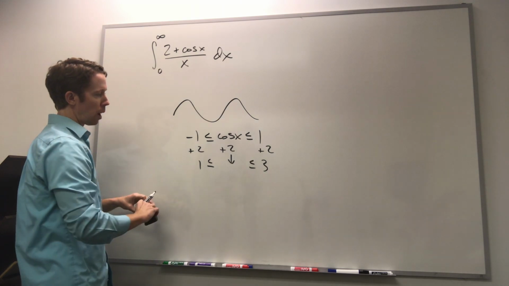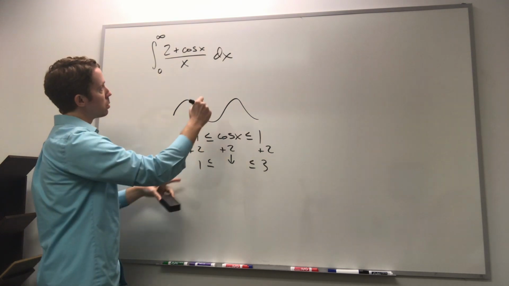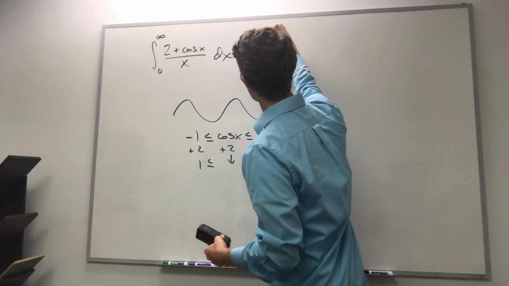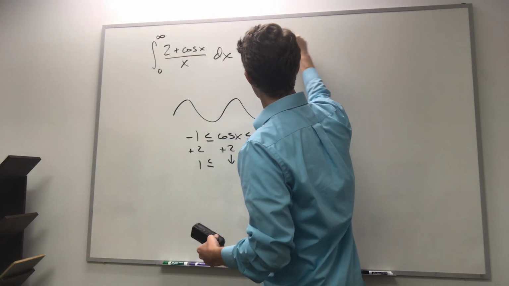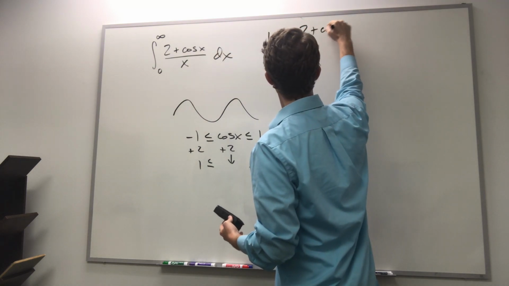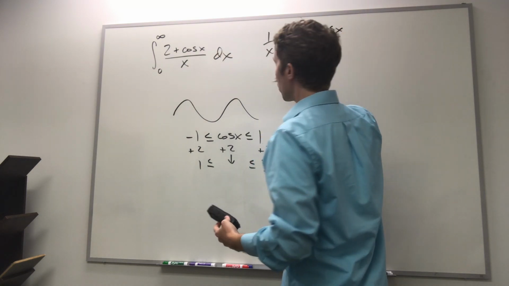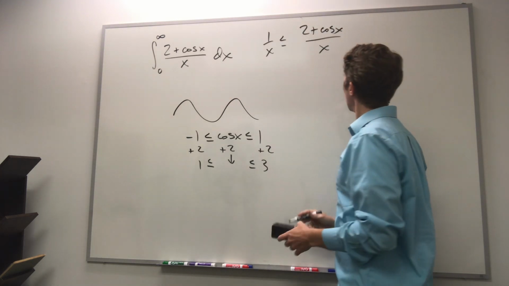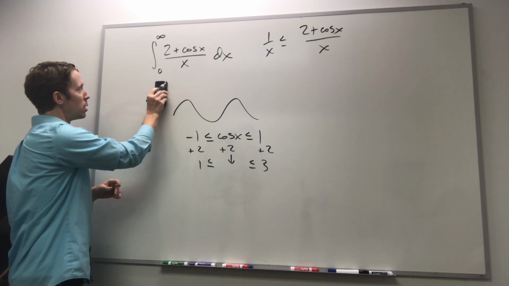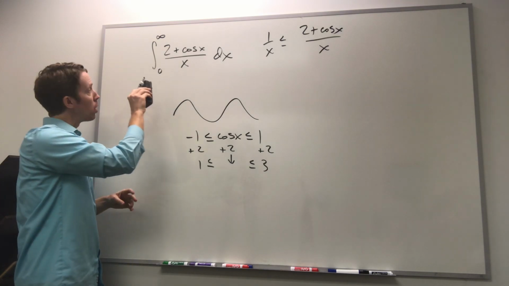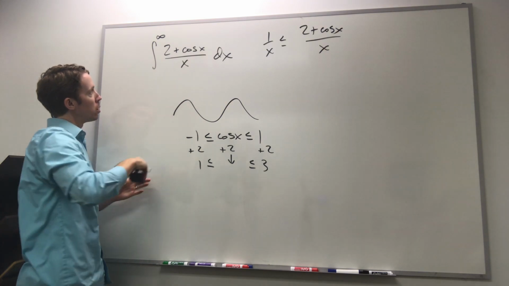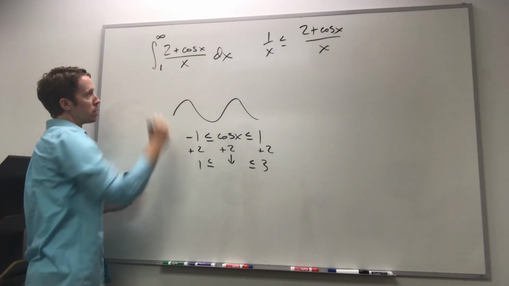And I also want to point out, this tells me that 1 over x is less than or equal to this thing over the interval. Oh, you know what? There's another problem. I'm dividing by 0 here. Before I started, I had e to the x down here, and I changed it. So I'm going to start my integral at 1 instead of 0.